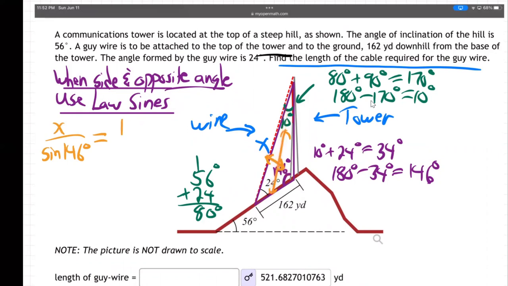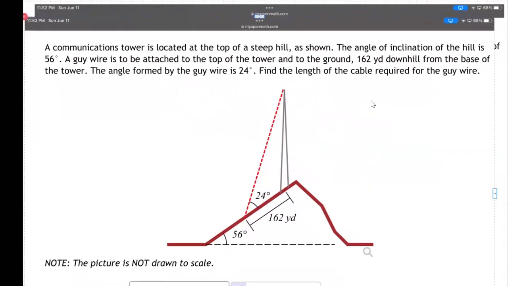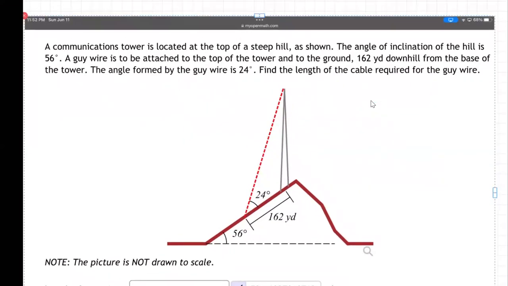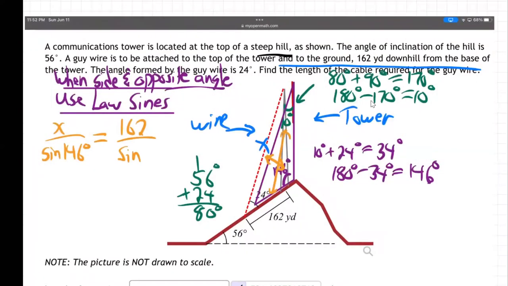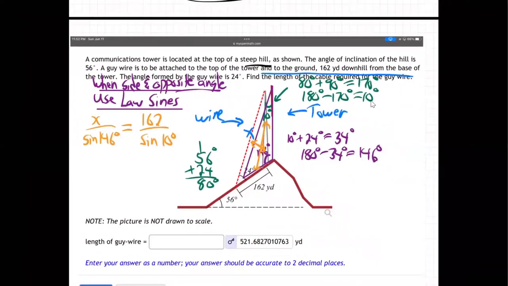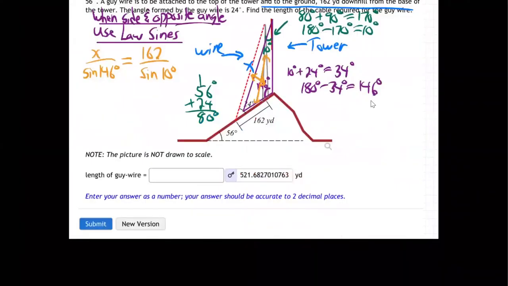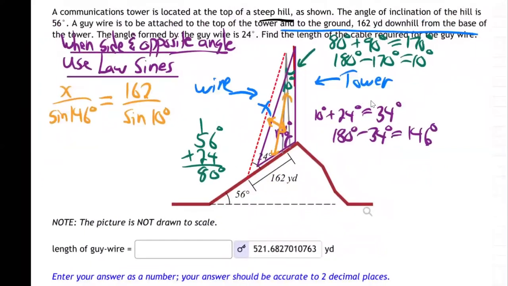I'm going to put the sines on the bottom, or you can put them on the top. It doesn't matter. So 162 over the sine of 10 degrees. All right, so there's my setup.